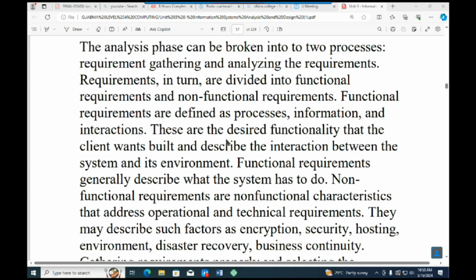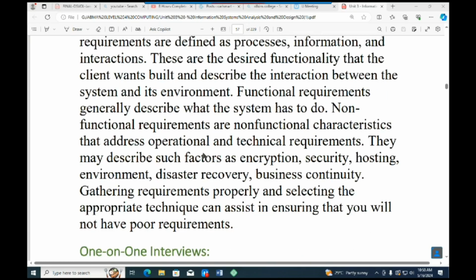Now the non-functional requirements, on the other hand, are the non-functional characteristics. They are those characteristics that address the operational and the technical requirements. They might be describing factors like encryption of data.